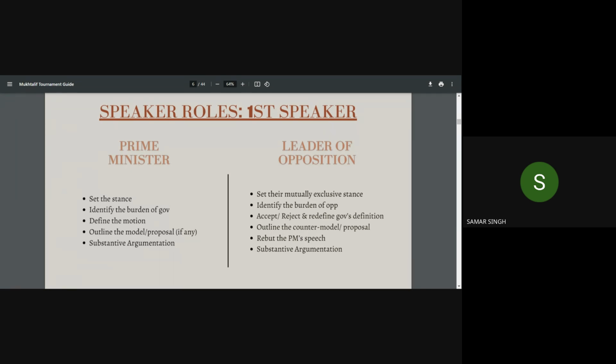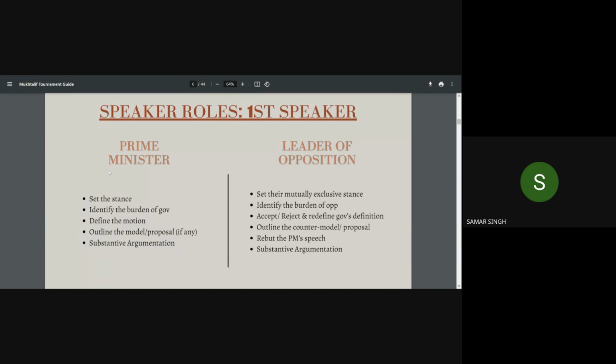Because if your first speaker did not do their job well, then the subsequent speakers will have a very hard time to explain things to the audience and the judges. So let's understand the basic role of the first speakers of each of the teams.